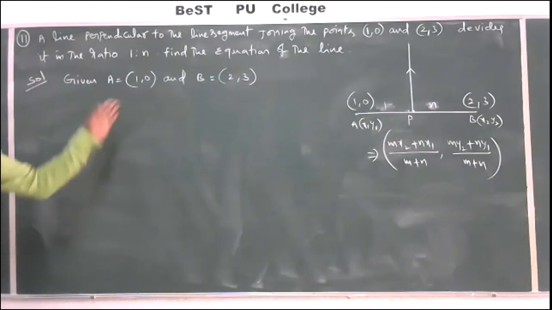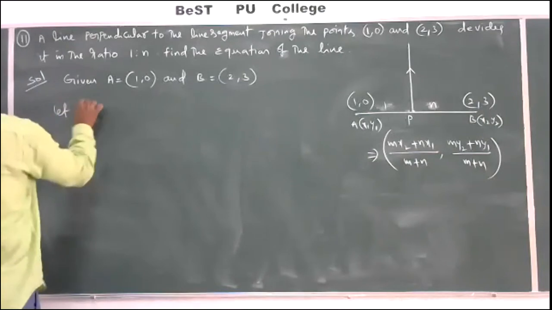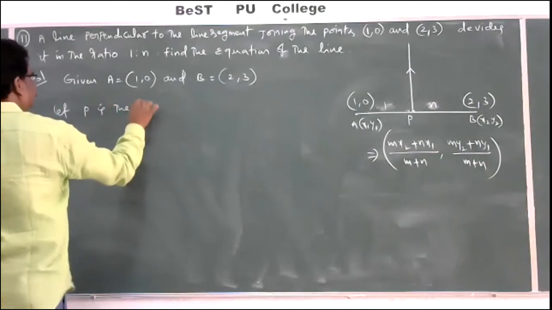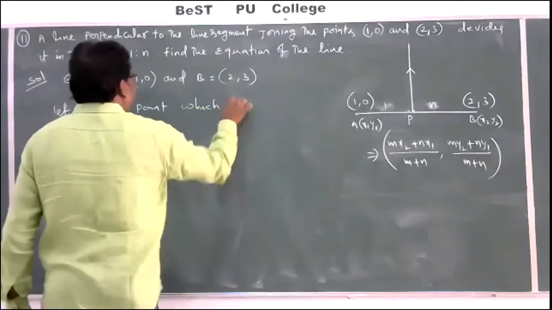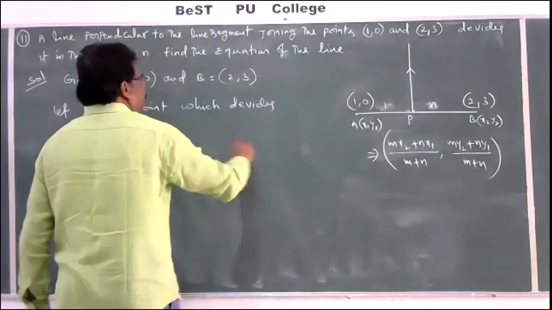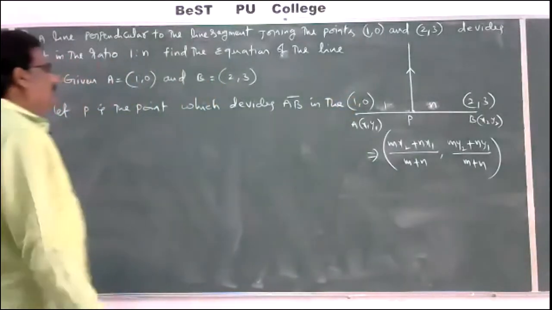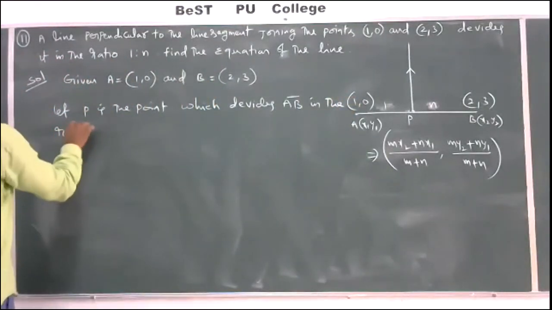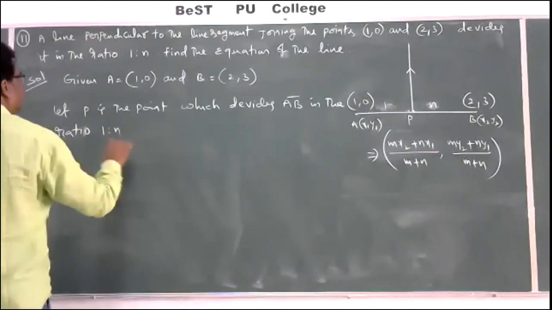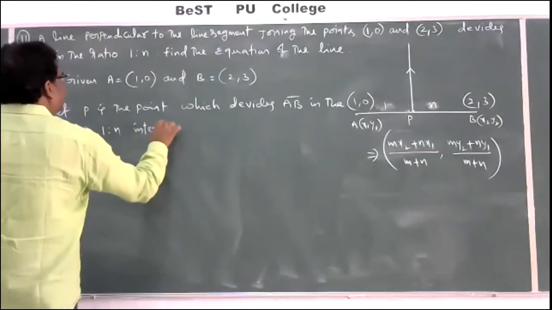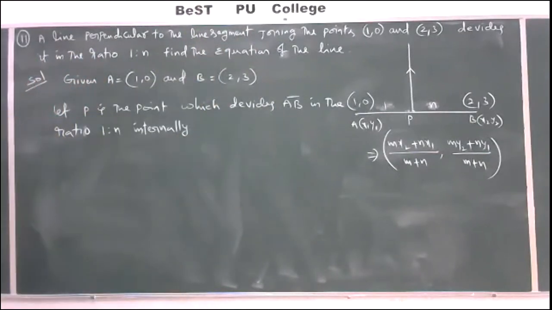Consider A is equal to 1, 0, B is equal to 2, 3. Let P be the point which divides AB bar in the ratio 1:n internally.